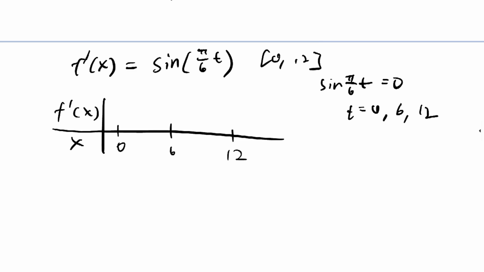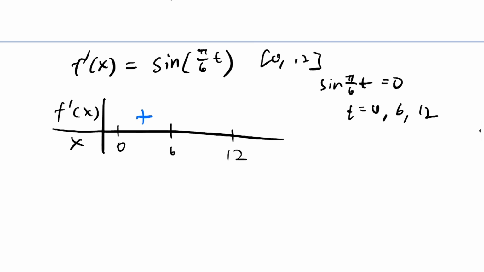In this case, for sign charts where it's not a polynomial, it's trig, you're going to have to plug in a single value between the critical numbers. So for example, plug in 1 into this equation. Sine of pi over 6 times 1 is just sine of pi over 6, which is 1/2, and so it's positive.